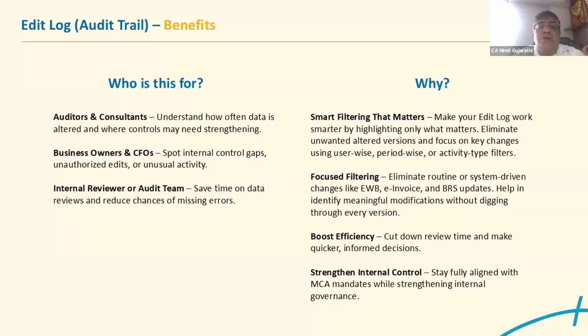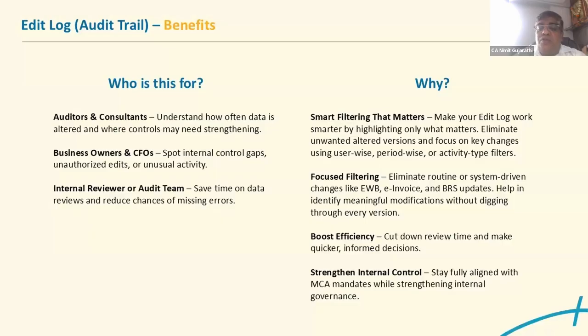Then the internal reviewer or audit team saves time on data reviews and reduces the chances of missing errors. So as an auditor or internal auditor, for me, this is one of the best features available. I can use these edit log features to practically track my client's entire alteration mechanism.